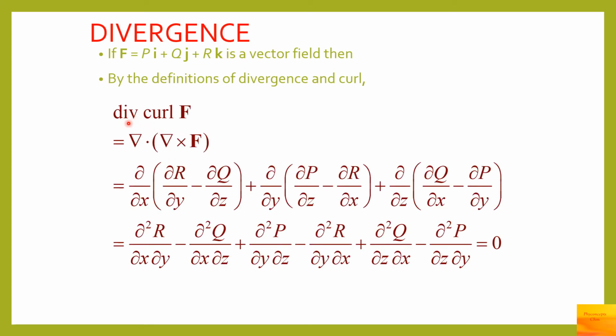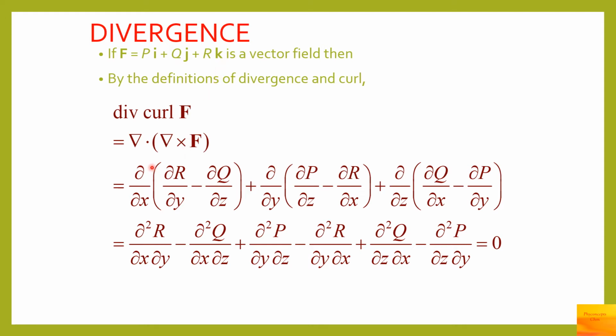In the same way, we can prove that divergence of curl is 0. We have substituted the del operator, and F bar is taken as P i cap plus Q j cap plus R k cap.